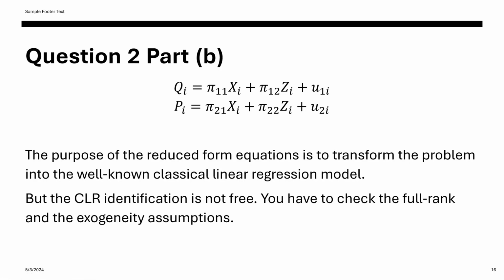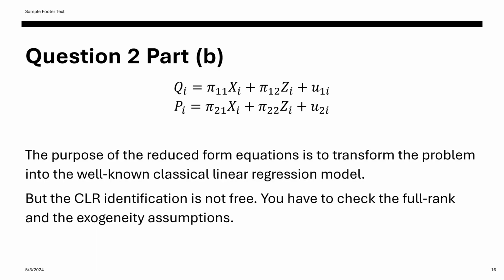Another thing I wanted to point out is that after transforming the structural equations into the reduced form equations, the main purpose is to put the exogenous variables on the right hand side, and then each of the equations becomes a classical linear regression model without endogeneity. That is right.